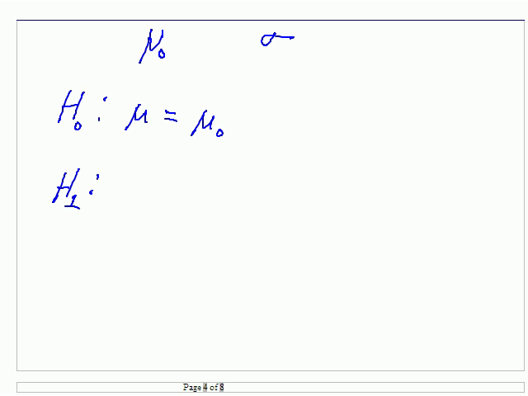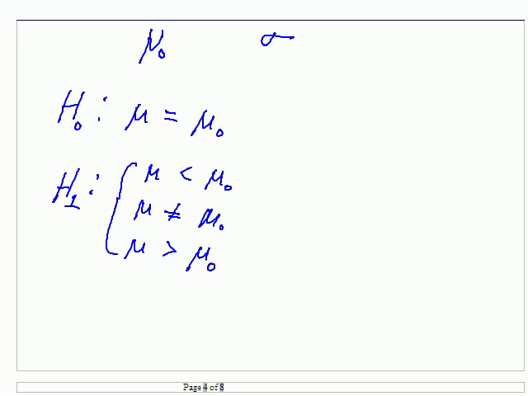And here's your alternative. It's going to say one of these three, not all of them. It could say the mean is really less than the previous idea. The mean is just simply not equal to the previous idea. Or you're left with only one case here, greater than.